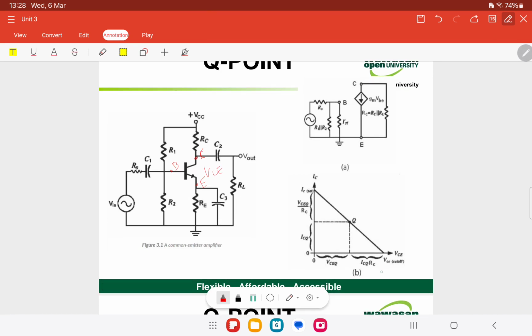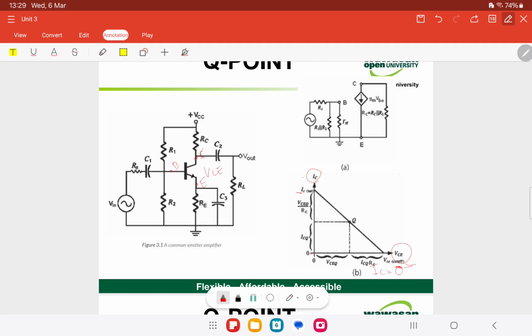How to get the load line? It relates the collector current and the collector to emitter voltage. This is at saturation and this is at cut off. How to get that? The DC load line is determined by the VCE at cut off, where IC is equal to 0.